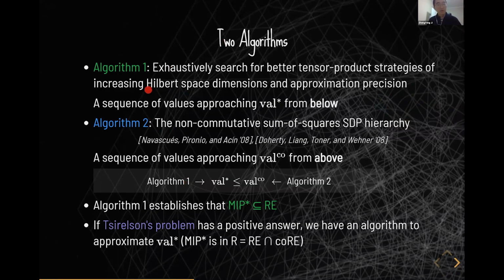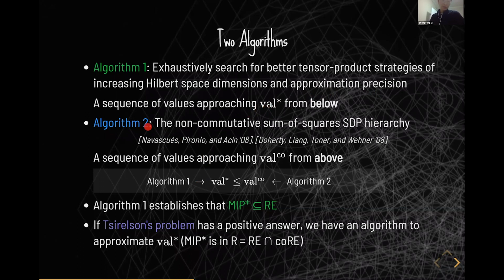There are two algorithms known for these two values, the entangled value and the commuting operator value. The first algorithm is very easy. You just do an exhaustive search for better tensor product strategies for that value. You can increase the dimension of the space and use higher precision. You do an epsilon net of this strategy space, and you can approximate this value from below, right?